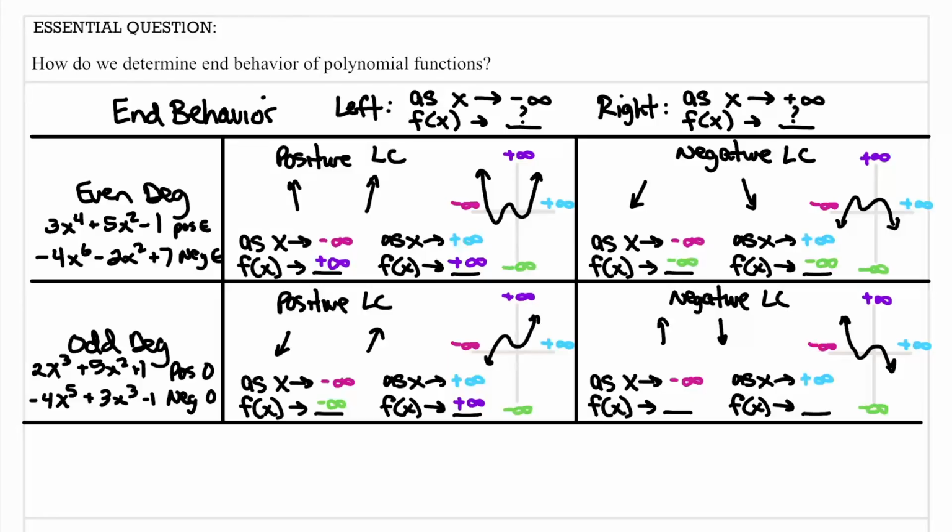So as x goes towards negative infinity, f of x, or our y value, is going to go up towards positive infinity. As we go to the right side, as x goes to positive infinity, our graph, the values of y, are going down towards negative infinity. So that's how you would write the end behavior.